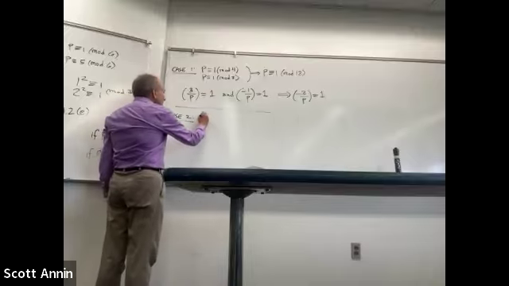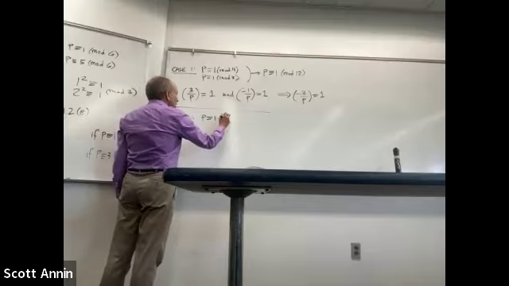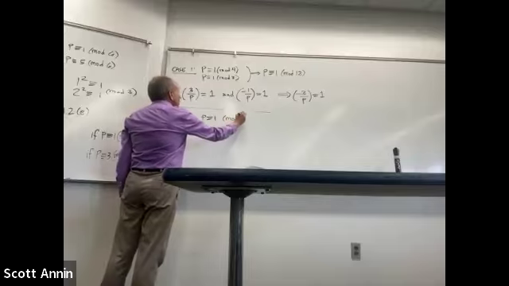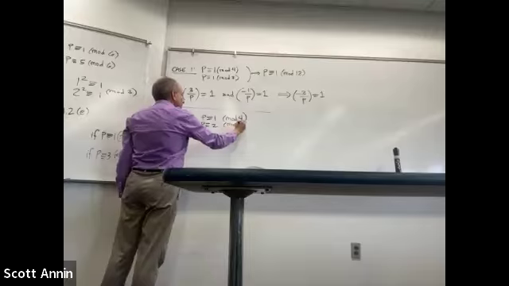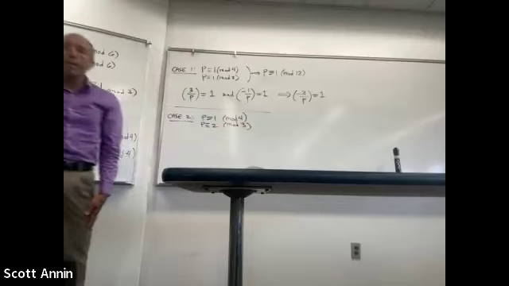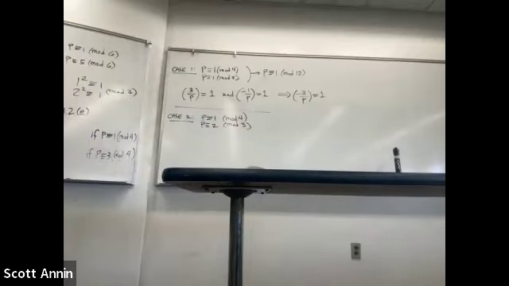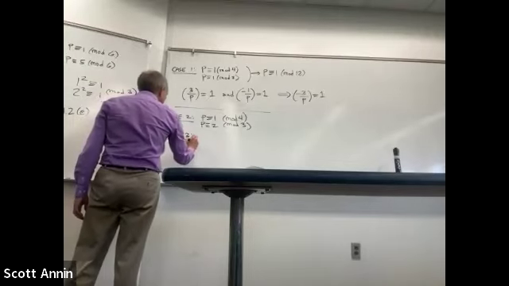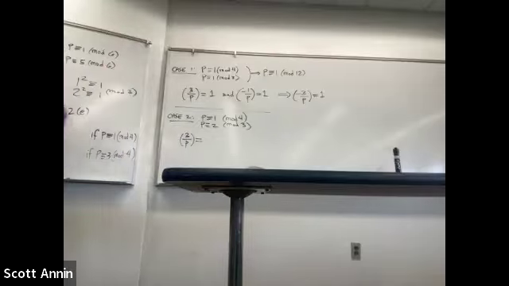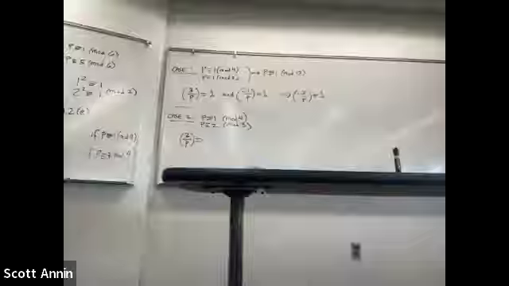Now, another possible case would be P is congruent to 1 in mod 4, but P is congruent to 2 in mod 3. Yeah, this is a good case. In this case, let's figure out what our Legendre symbols are. The Legendre symbol of 3 with respect to P. Now I'm looking at the stuff on the bottom here. P is congruent to 1 in mod 4, that's the part in the box.